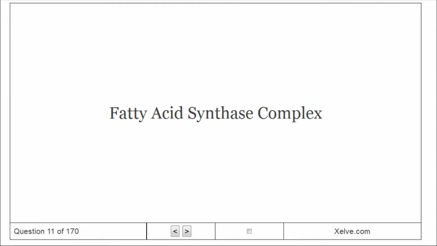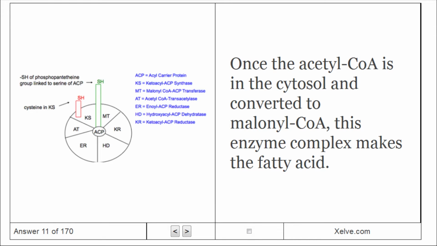Fatty acid synthesis complex. Once the acetyl-CoA is in the cytosol and converted to malonyl-CoA, this enzyme complex makes the fatty acid.